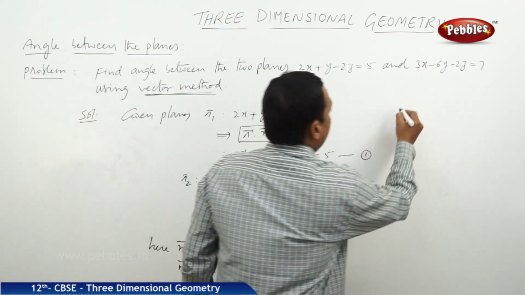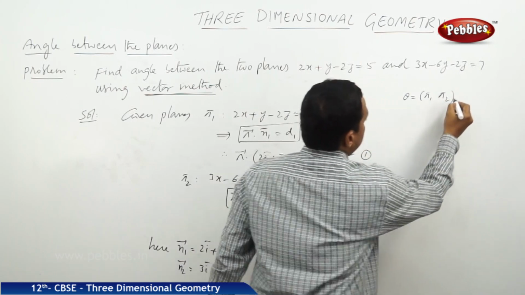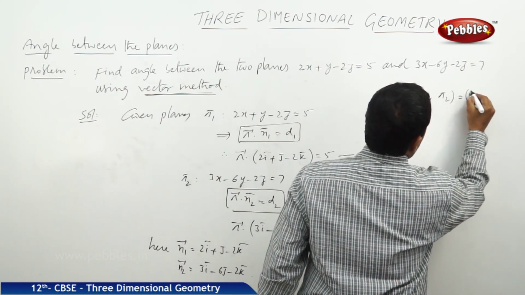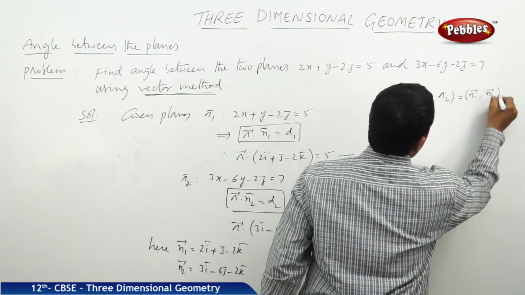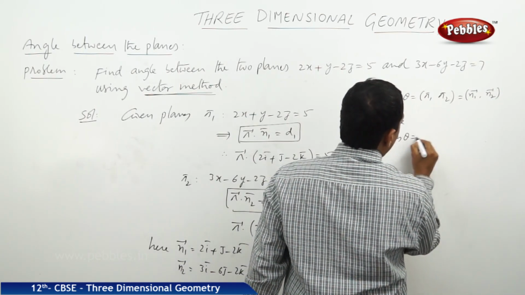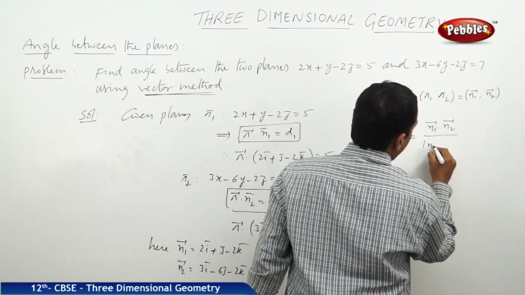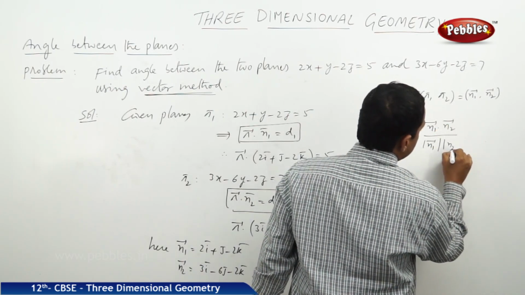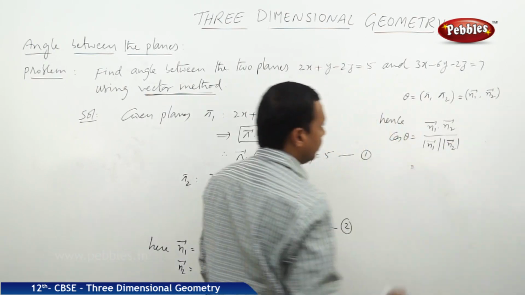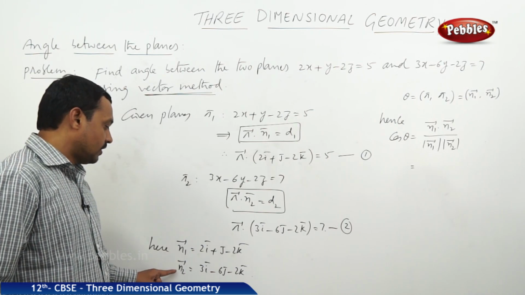Now theta is the angle between the two planes pi 1 and pi 2, which is also the same as the angle between n1 bar and n2 bar. Hence cos theta is equal to n1 dot n2 by modulus of n1 vector into modulus of n2 vector. Now here we have the two normals n1 and n2.